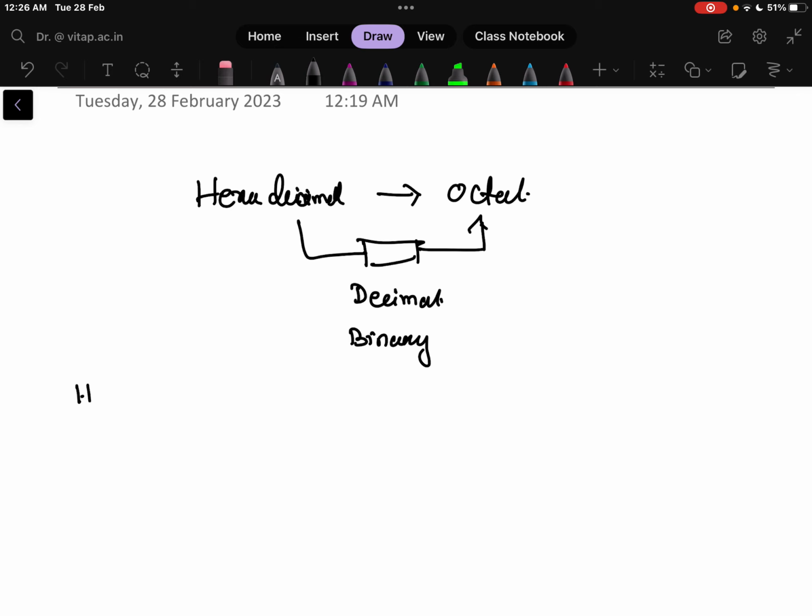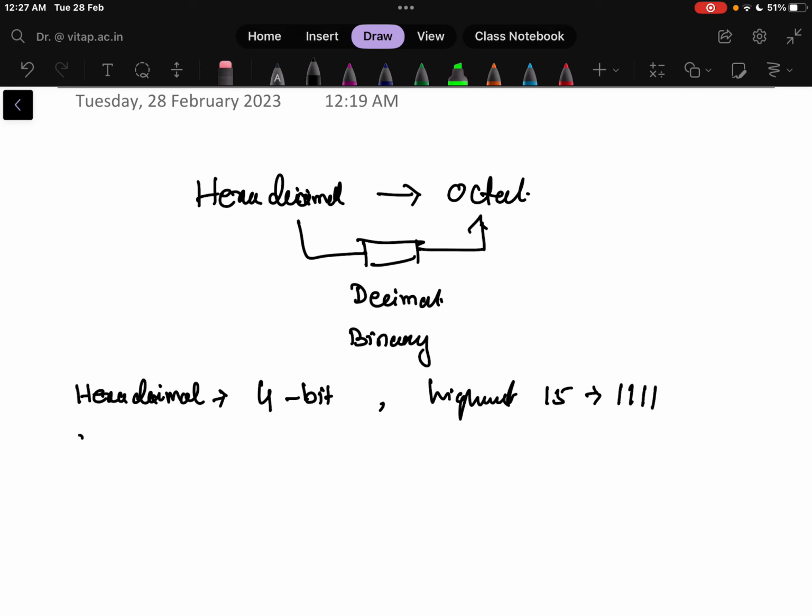Whenever we are representing any hexadecimal number, we have to represent it with a group of 4 bits, because in the hexadecimal number system the highest number is 15, and that is represented as 4 ones. That means 4 bits are mandatory for hexadecimal.